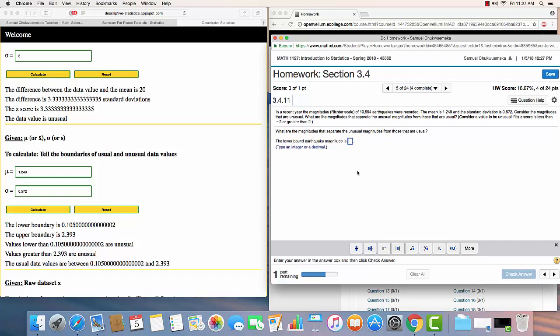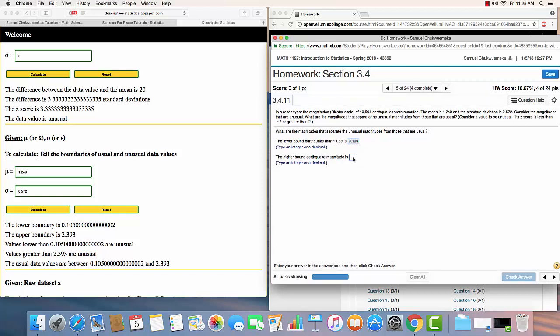So the lower boundary for the earthquake magnitude is 0.105. The upper boundary is 2.393.